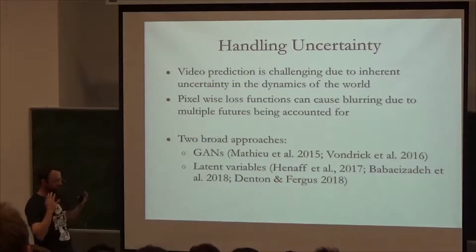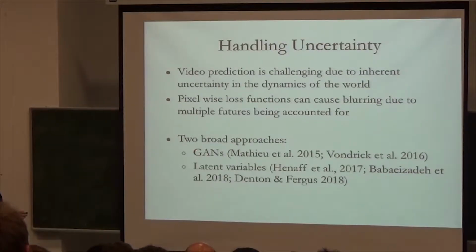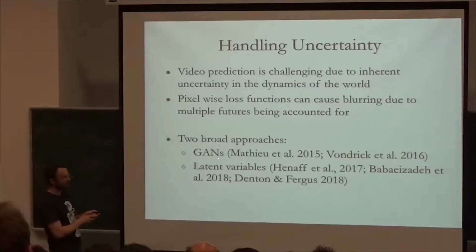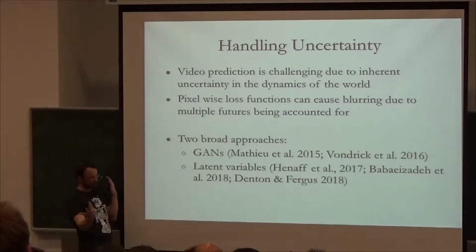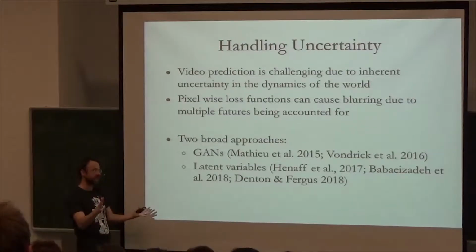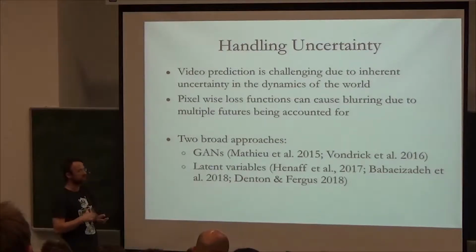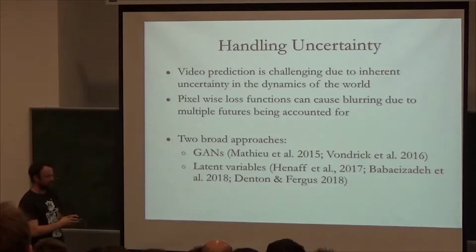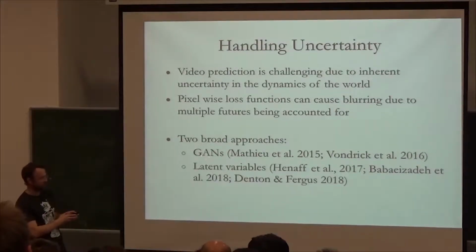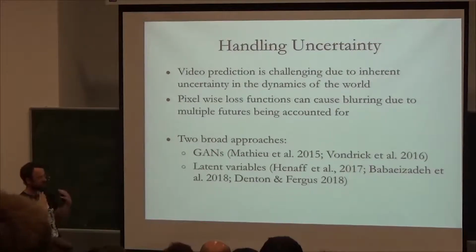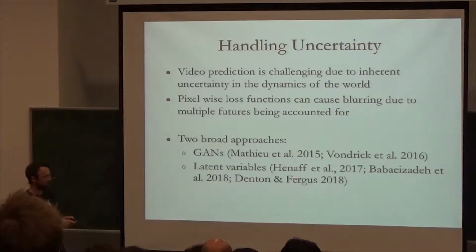To do it properly, and I think this is quite an important aspect of unsupervised learning, there are two broad ways of doing this. One is to use GANs, which give you a loss function between distributions now, not point estimates. That little clip I showed you was actually from this paper, which uses GANs instead of just an L2 reconstruction.